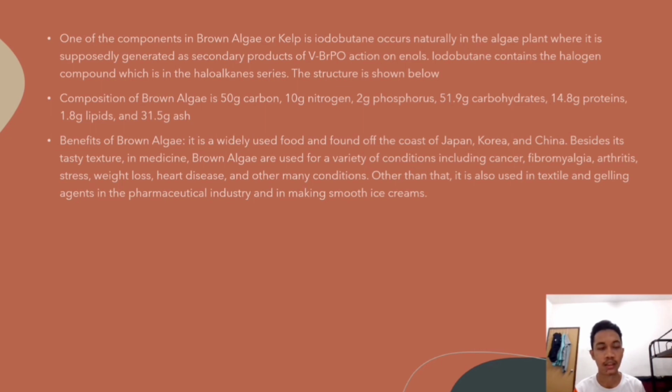Besides its tasty texture, in medicine brown algae are used for a variety of conditions including cancer, fibromyalgia, arthritis, stress, weight loss, heart disease, and many other conditions. It is also used in textiles, as a gelling agent, in the pharmaceutical industry, and in making smooth ice creams.